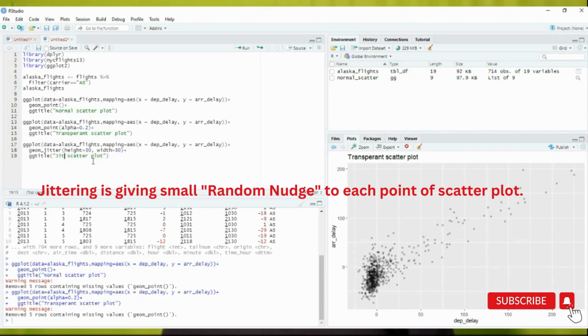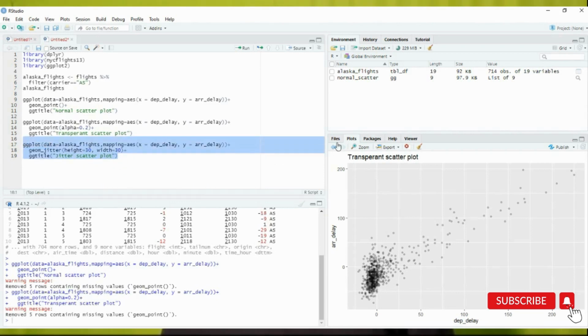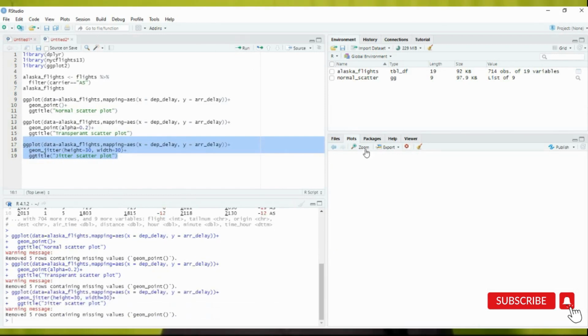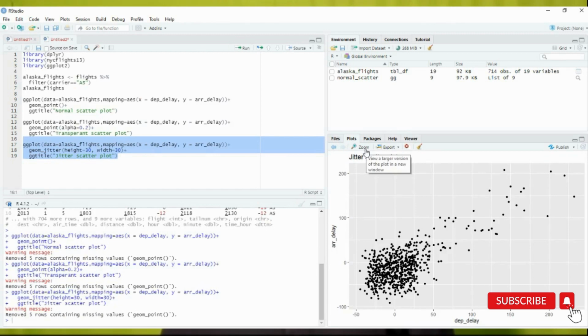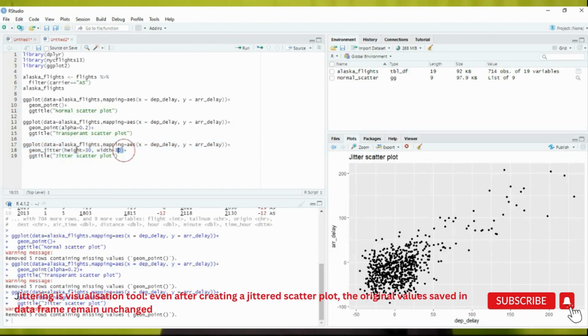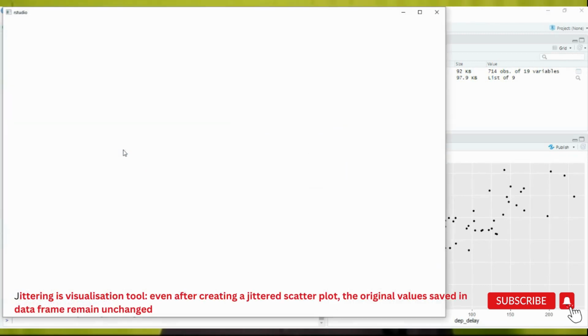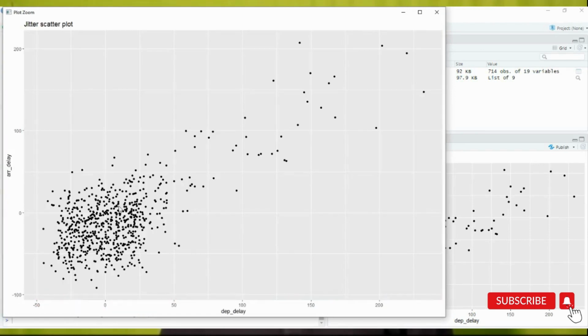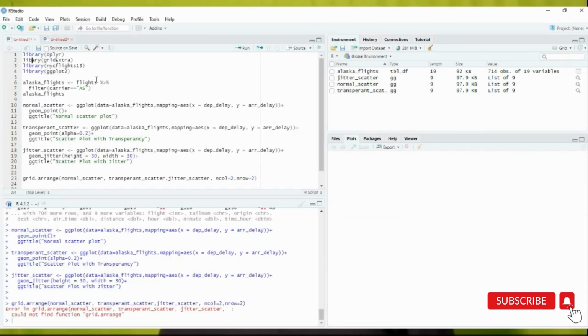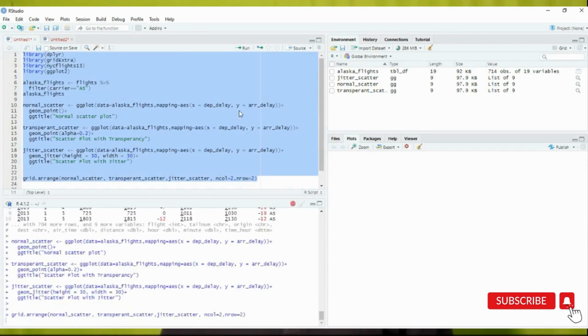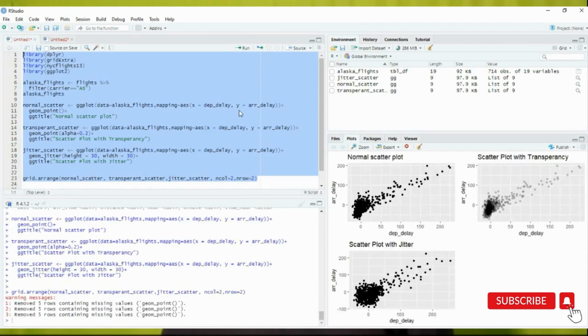Although jittering involves giving a little nudge to the points, the original values saved in the data frame remain unchanged. The magnitude of the jitter is decided by the width and height arguments of the jitter function. I have plotted the original scatter plot along with the modified scatter plots side by side, so you can easily observe the difference in their visualization properties.